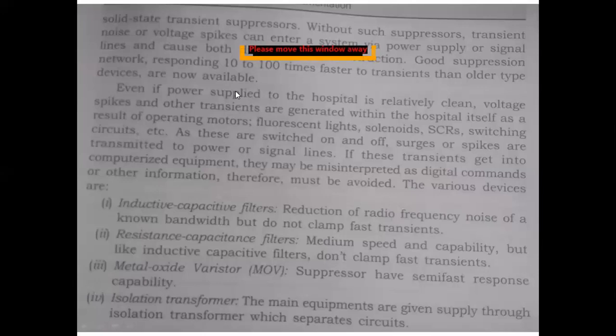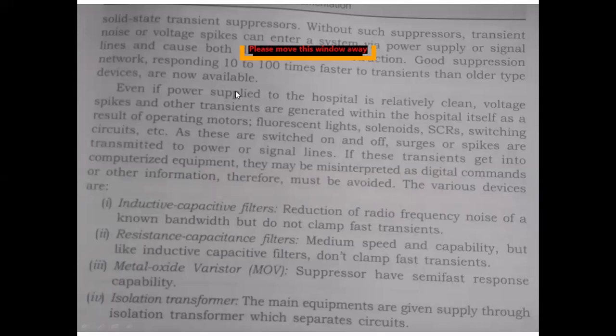You can also observe that some interference signals will be there. Suppose some radio frequency signals are going through, then at that moment we can get some obstruction in radios or TVs. In the olden days, if any high frequency devices were operating, some interference would occur in the actual radio signals.